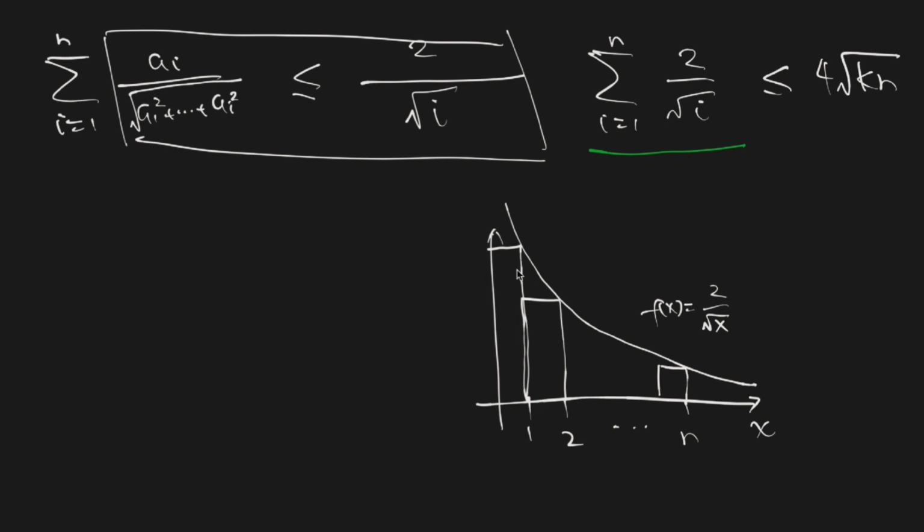For example, this first rectangle has width 1 and height 2 over root 1, so its area is 2 over root 1. The second, similarly, has width 1 and height 2 over root 2, so its area is 2 over root 2. If I add all the way to 2 over root n, that's exactly what the sum is. So the sum is just the area of all these rectangles combined.